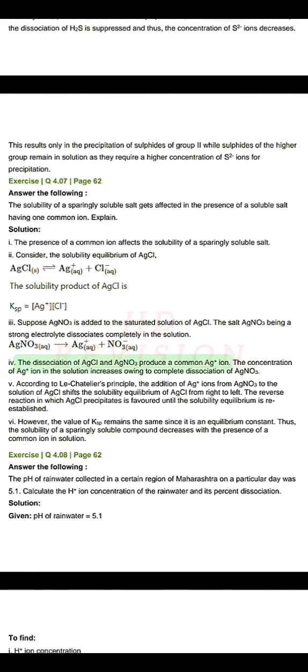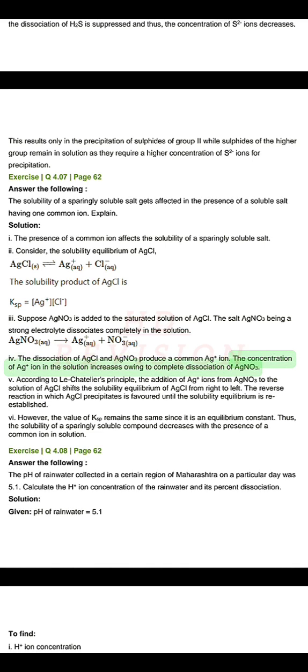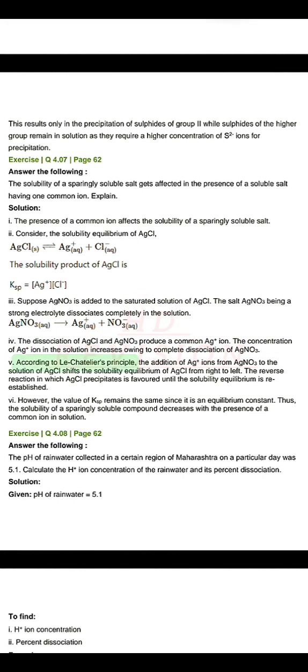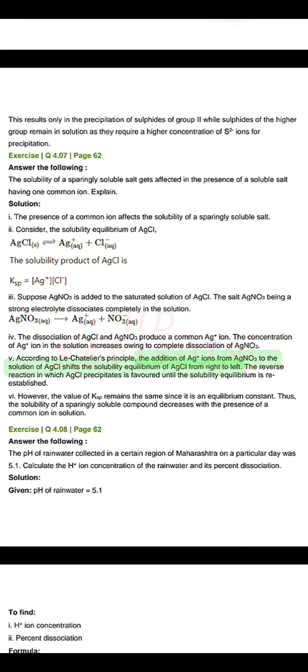(iv) The dissociation of AgCl and AgNO3 produces a common Ag+ ion, so the concentration of Ag+ ion in the solution increases owing to complete dissociation of AgNO3. (v) According to Le Chatelier's principle, the addition of Ag+ ions from AgNO3 to the solution of AgCl shifts the solubility equilibrium of AgCl from right to left.